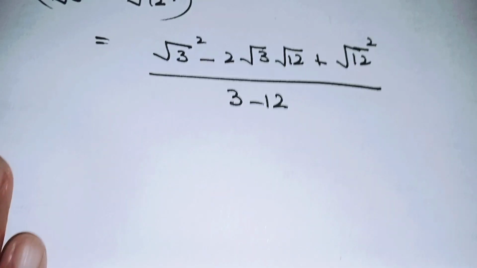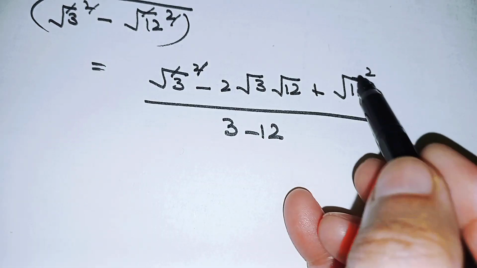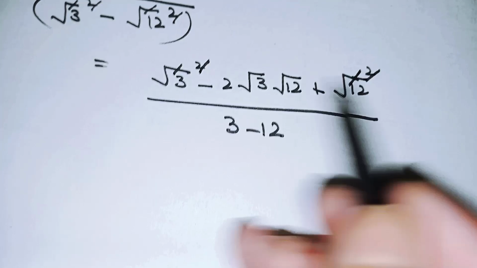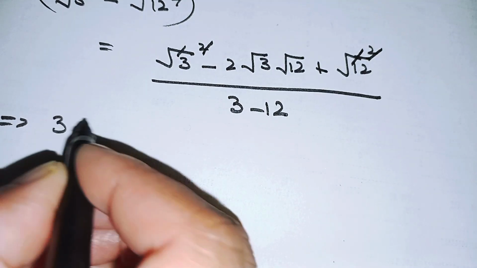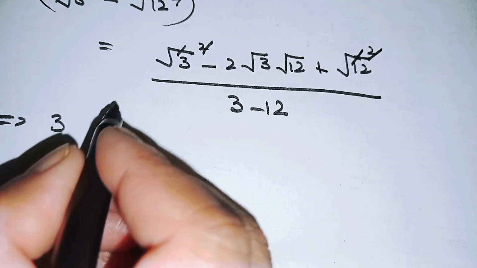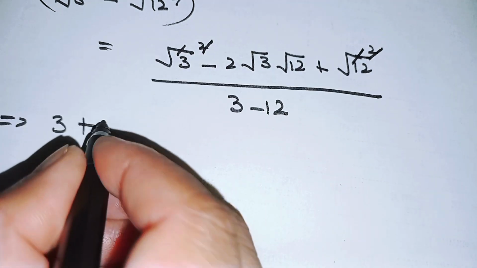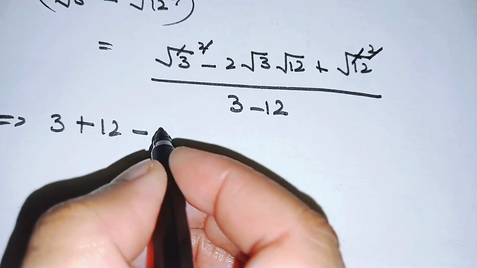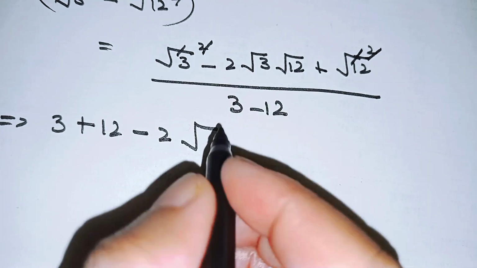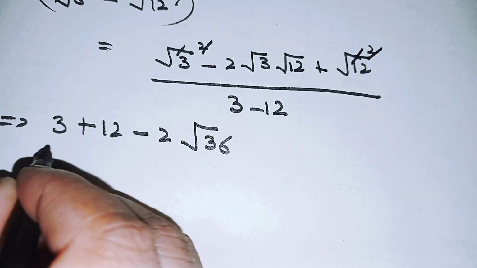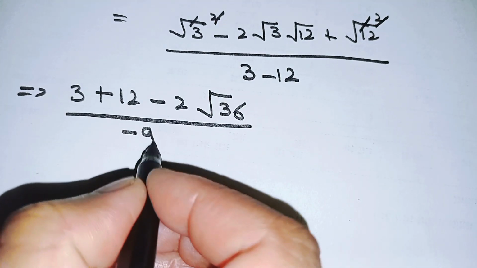Here the square root cancels with the square, and what remains is 3 plus 12, minus 2 times the square root of 12 times 3, which is 36, and in the denominator 3 minus 12 is minus 9.